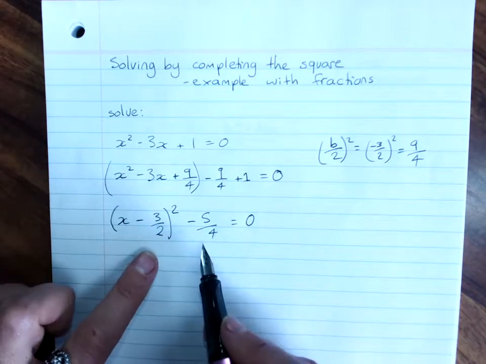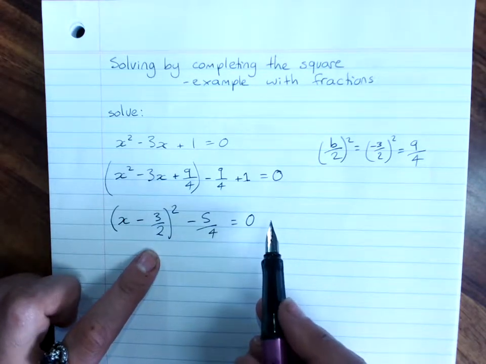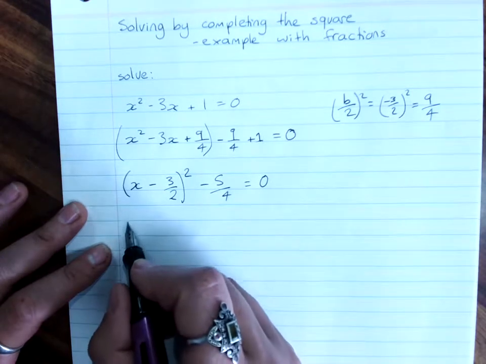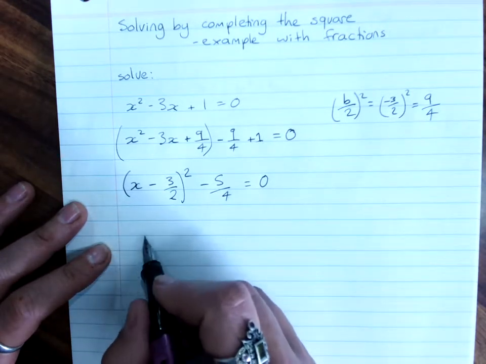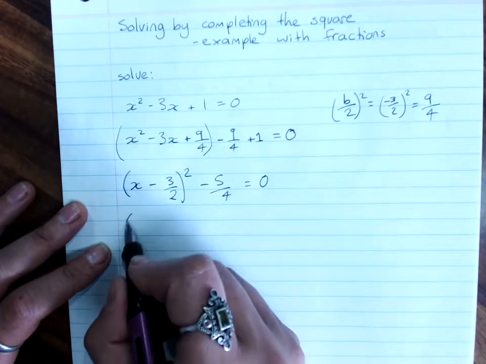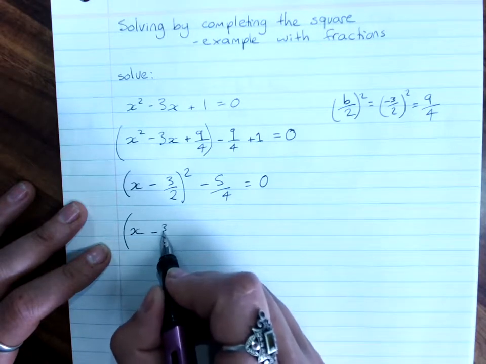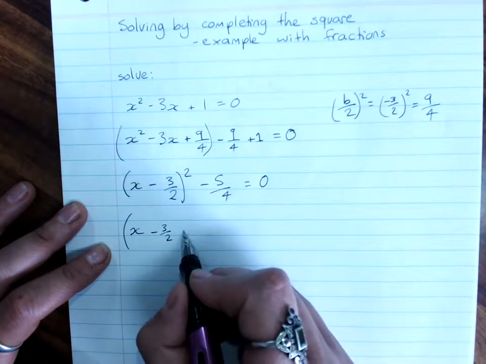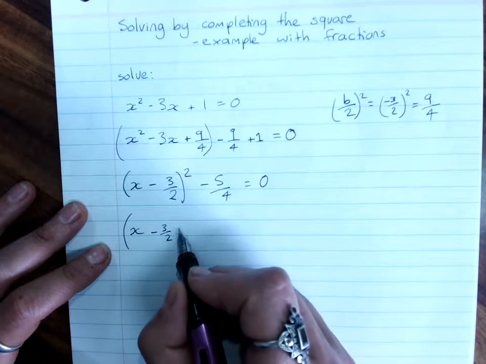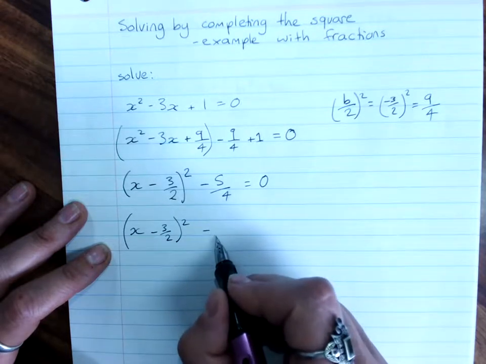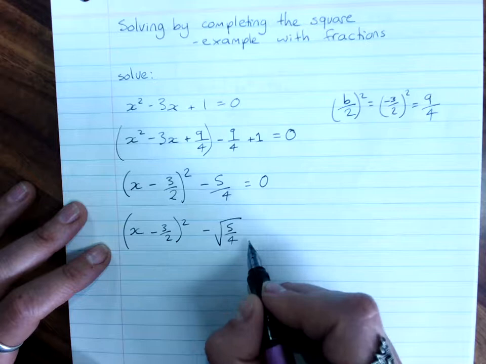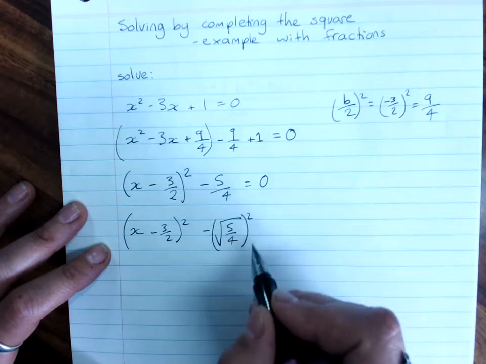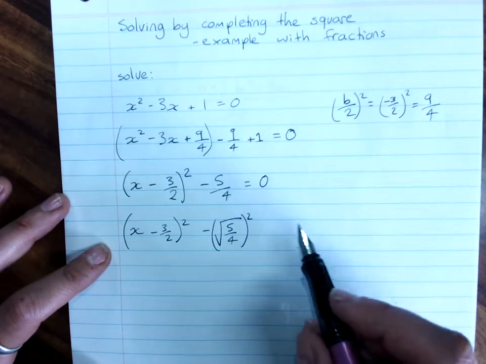Now we have a difference of perfect squares. So I will want x minus 3 over 2 squared minus the square root of 5 over 4 all squared equals 0.